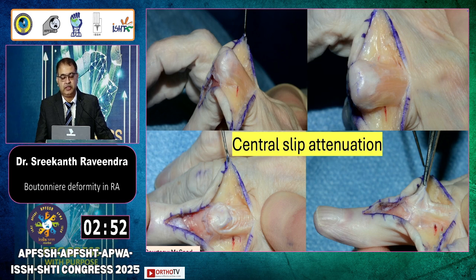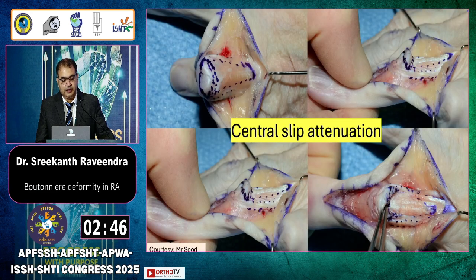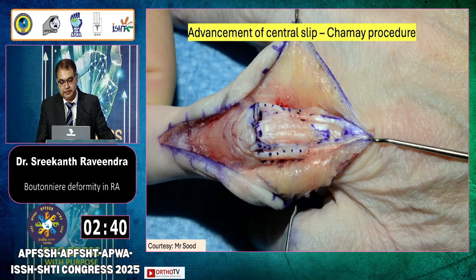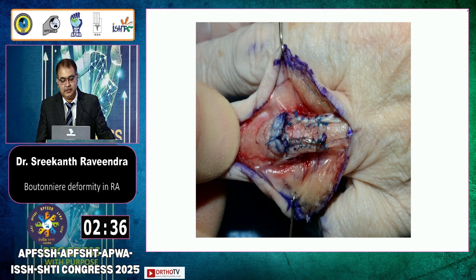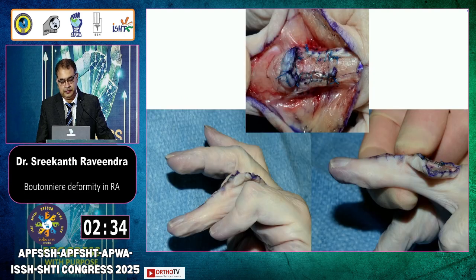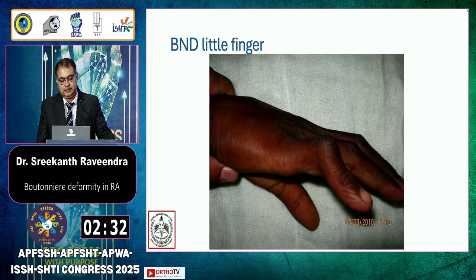And in central slip attenuation, we can advance the insertion of the central slip by the Chalmers technique or any other technique you know. Basically, you take up the slack of the central slip, mobilize the joint above the central slip, advance it, and stitch it to the central slip. Like this.